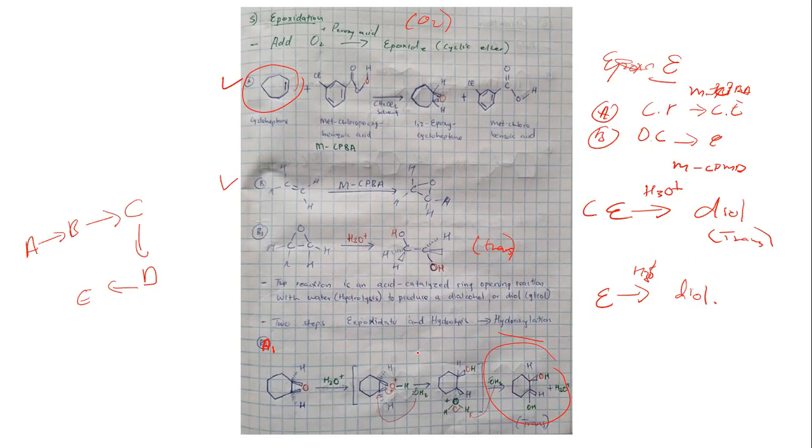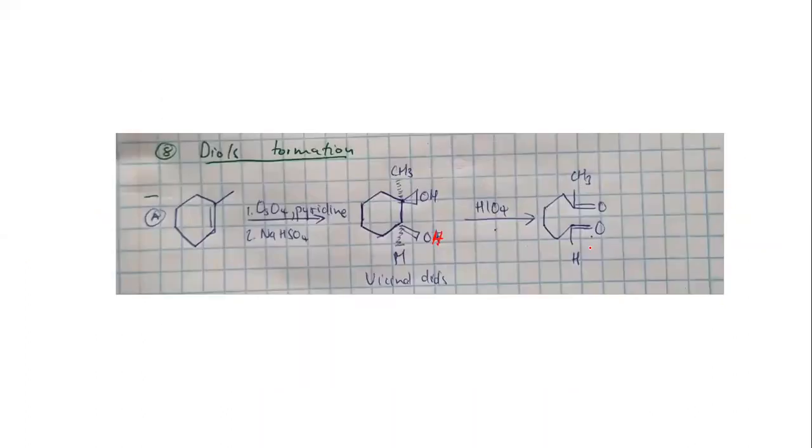Can you see that this diol and that diol that I've shown you are the same? But you need to be careful. You need to understand the reagents. So this diol, how did we manage to form it?